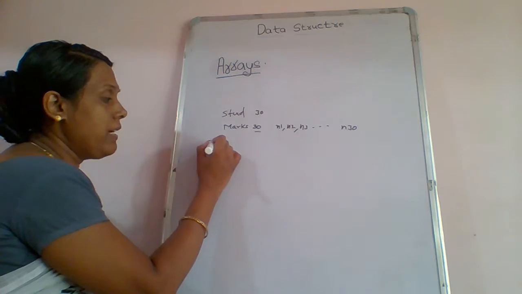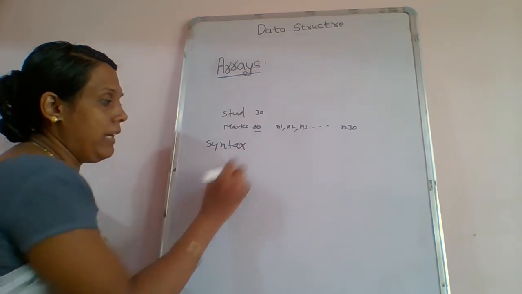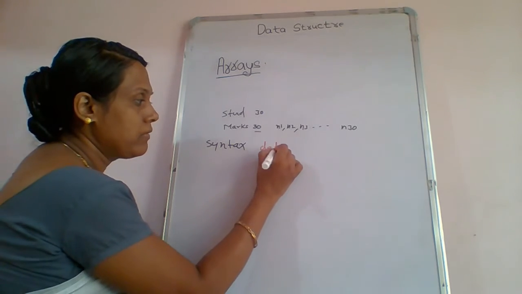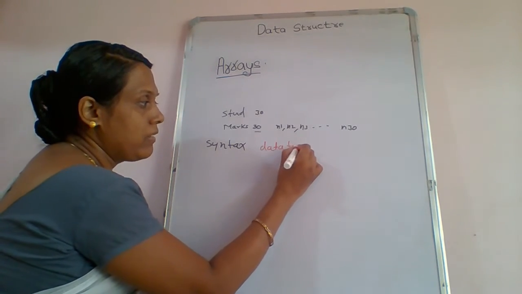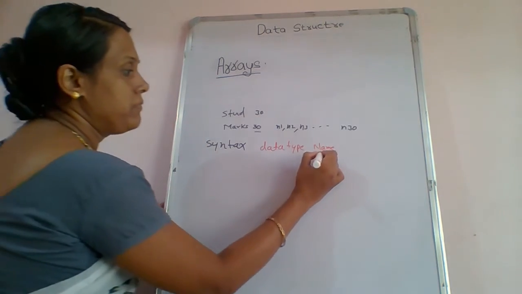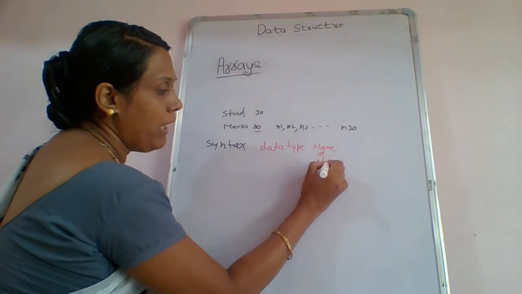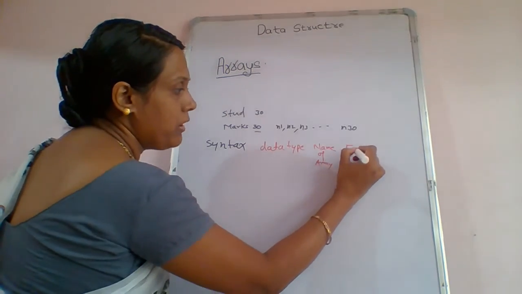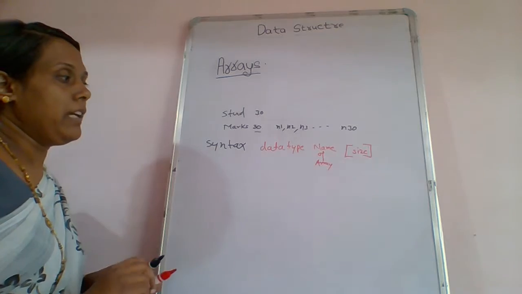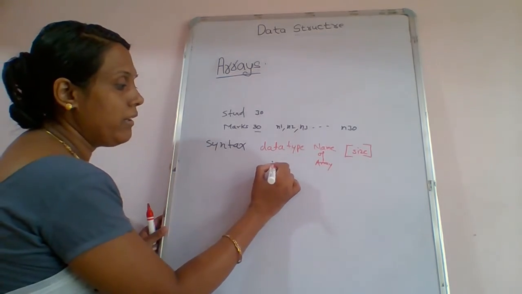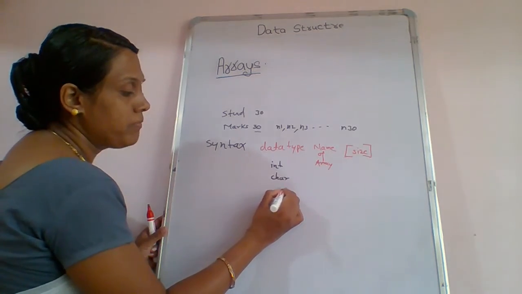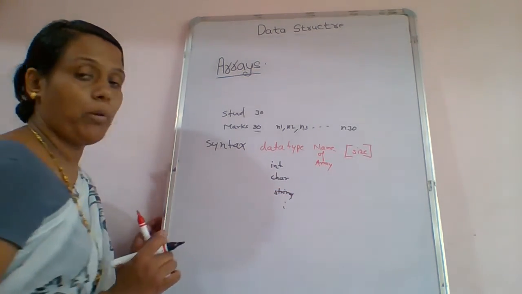Now what is the syntax to create the array? To create the array, first we have to write the data type, then the name of the array, and then the size of the array. For the data type, we can create an integer array, char array, string array, etc., whichever type you want.